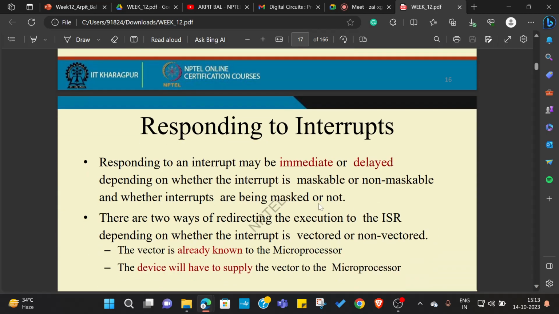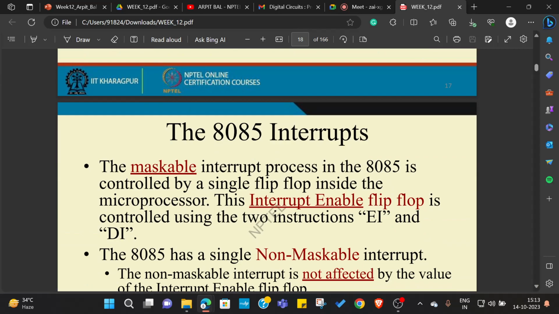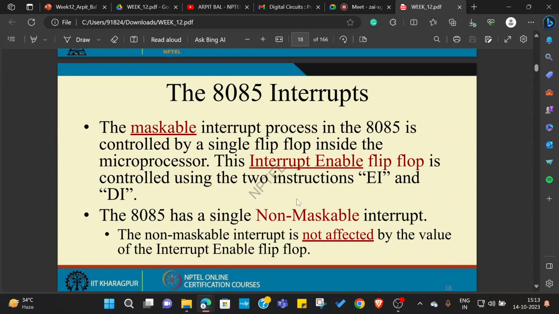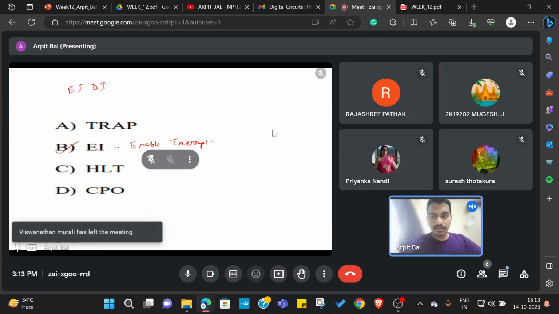And yeah, enable interrupt and disable interrupt are two of the instructions that set this interrupt enable flip-flop. Okay, so moving on to the next question.